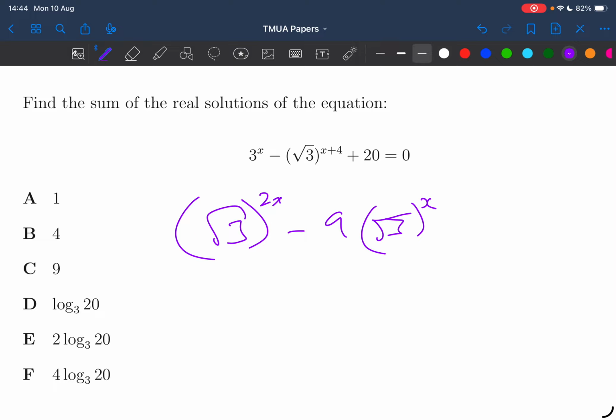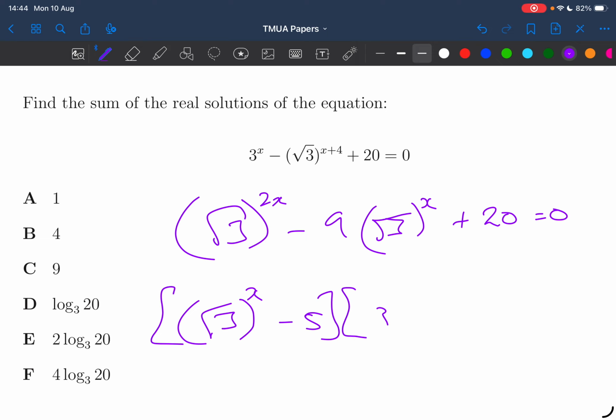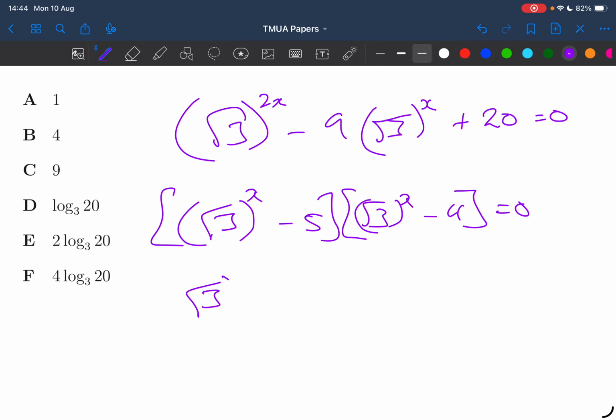This is going to be to the 2x. And then a plus 20 is still there, equals 0. Factorising this then, root 3 to the x, I'll have a minus 5 and a minus 4. So I can see I need to have that root 3 to the x is equal to 4 or 5.